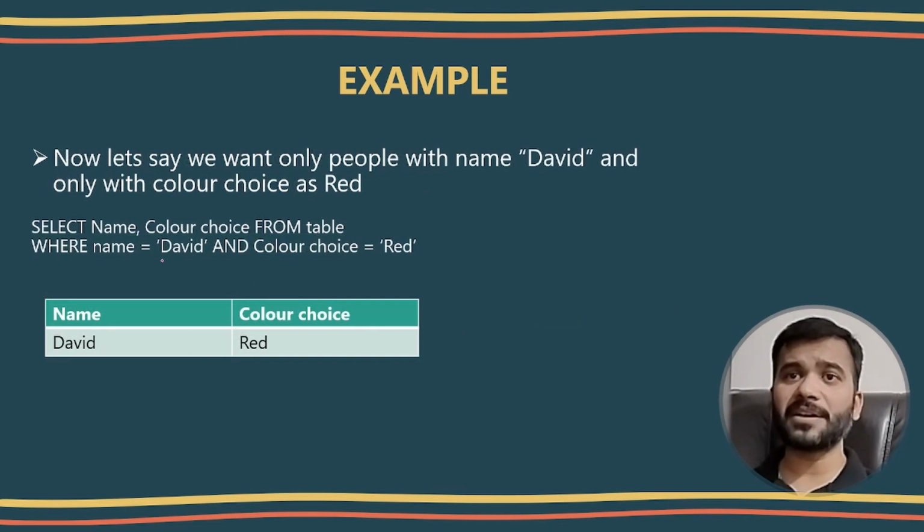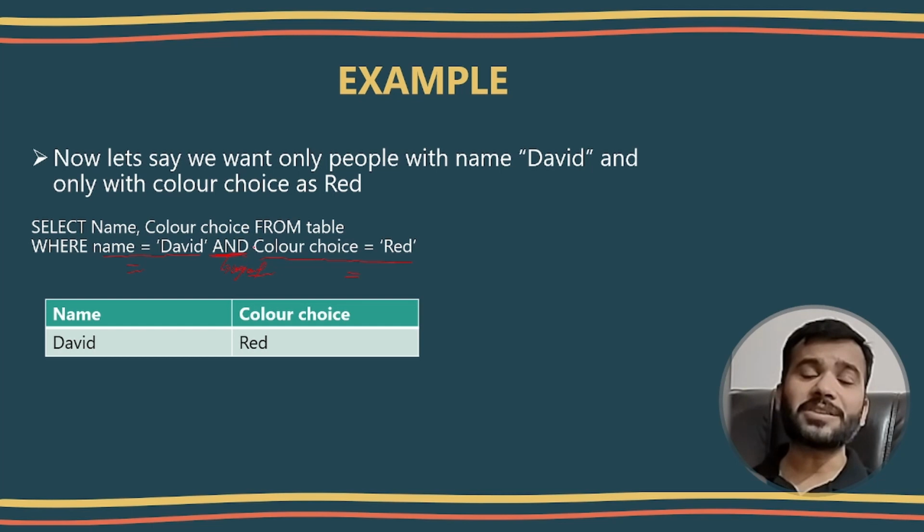What we have done is select name, color choice again from table name, where name is David, that you have seen already, but this time we are using a logical operator AND, because here there are 2 comparison operators. The color choice is equal to red. This is one comparison operator, equals to, this is another comparison operator, equals to, and this is a logical operator.